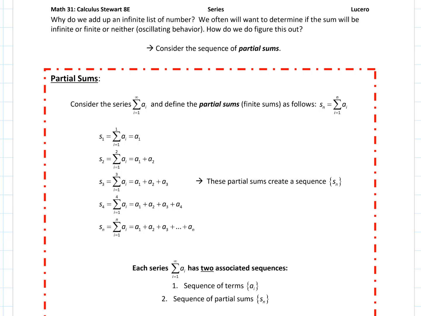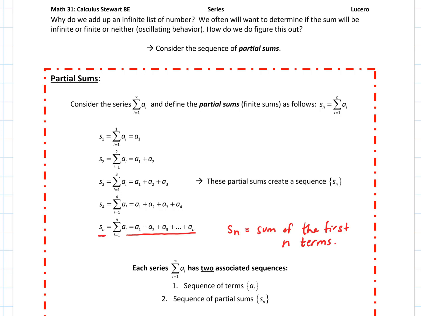So S1 would be the sum of the first term, S2 the sum of the first two terms, S3 the sum of the first three terms, S4 the sum of the first four terms, and Sn is the sum of the first n terms. Anytime we say S sub n, it represents the sum of the first n terms.